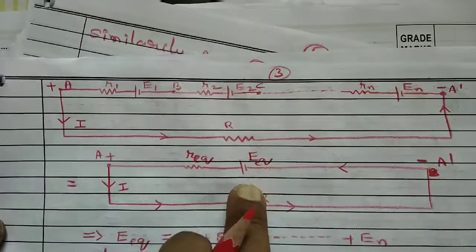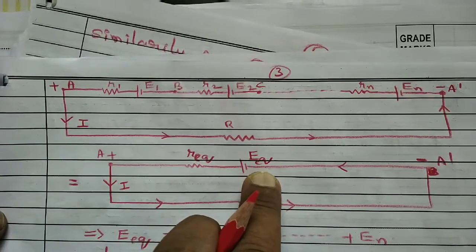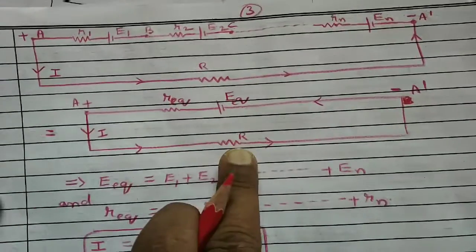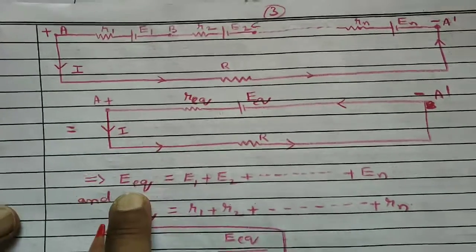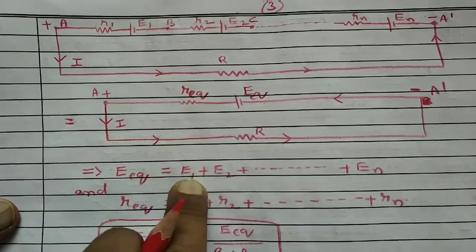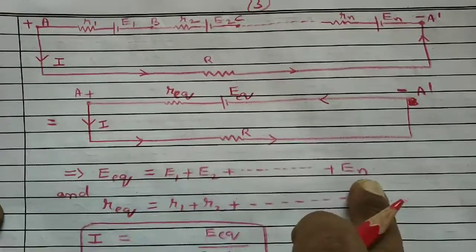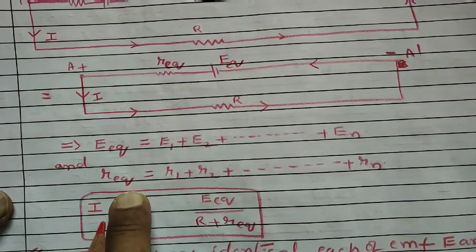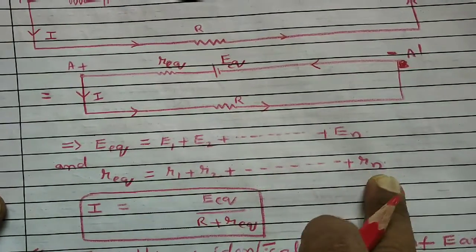All the cells are replaced with one cell which I am calling the equivalent cell, and its internal resistance is R equivalent. And this is the external resistance and current. Now if you extend that formula, effective EMF is equal to E1 plus E2 and so on plus En. Effective internal resistance of all the cells, R equivalent, is R1 plus R2 and so on plus Rn.